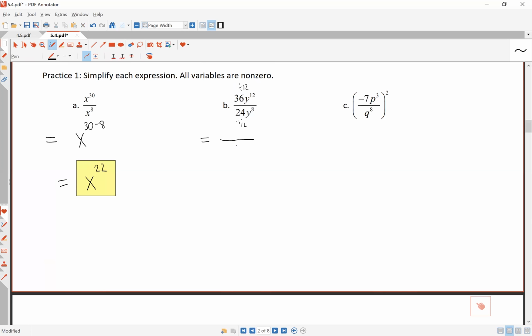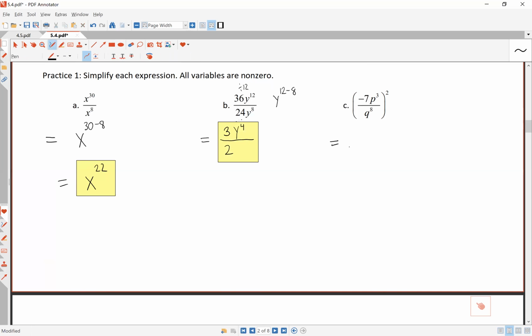Divide 24 by 12, it gives me 2, and 36 by 12, and it gives me 3. And now we subtract the denominator's exponent from the numerator's. 12 minus 8 is 4. So we get 3y to the fourth over 2.